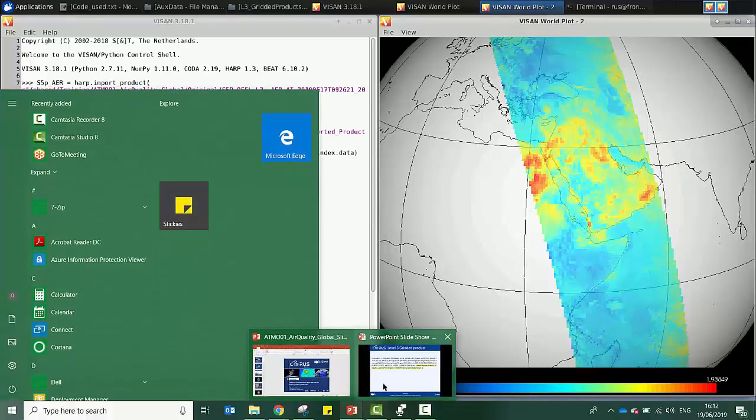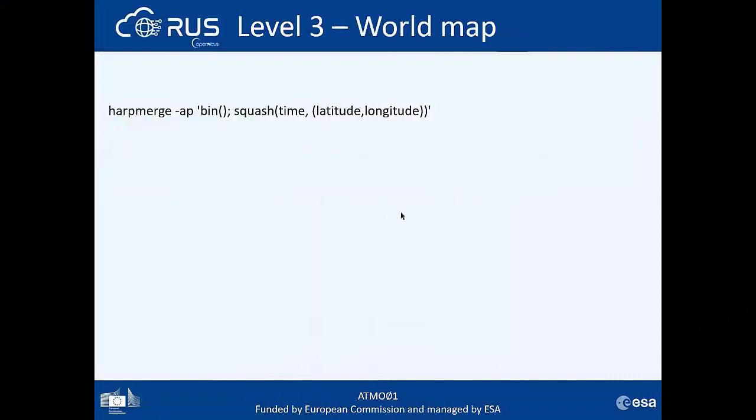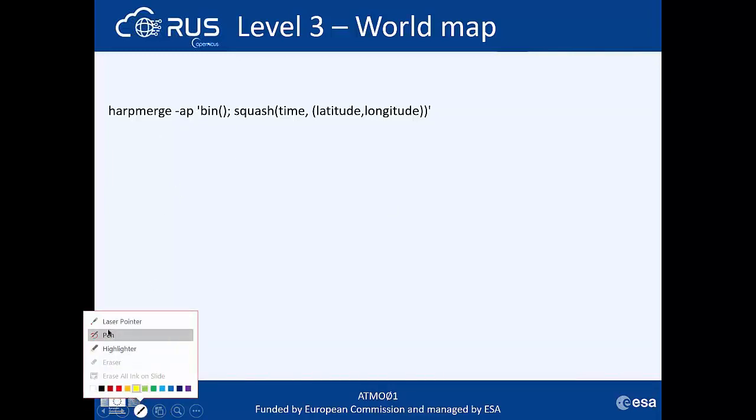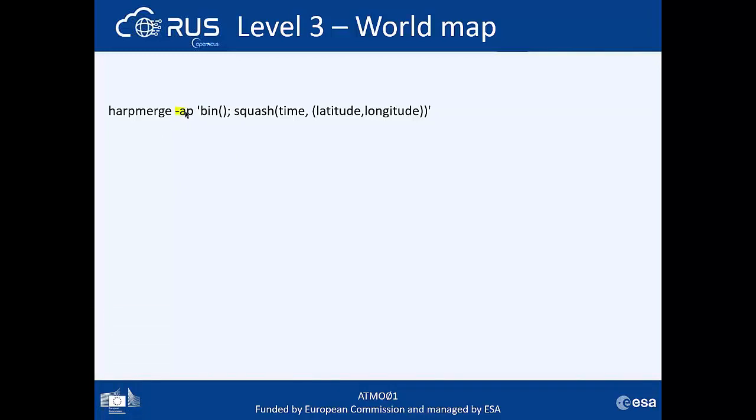So the first thing we do is we write harp merge, which is the keyword for the tool, and then we define a list of operations to apply to the merged products. So that's why in this case, let me highlight it, we have the AP parameter here. So by writing AP, we are saying to the tool that we want to apply a specific list of operations to the merged product, but not to the input products that have to be merged.